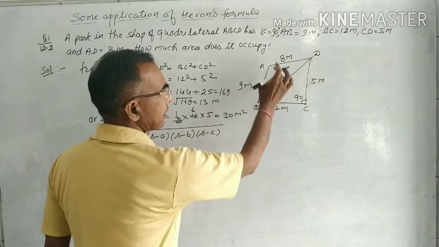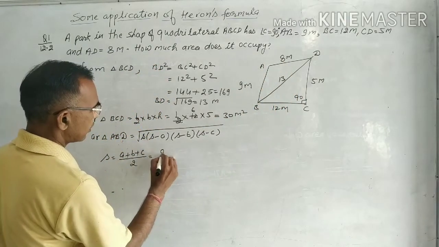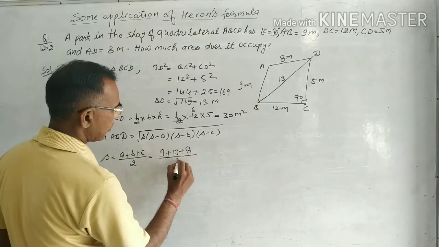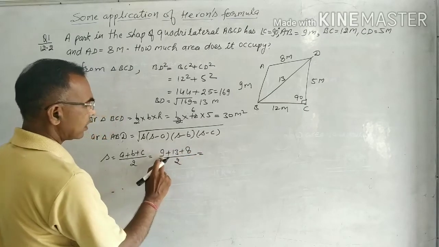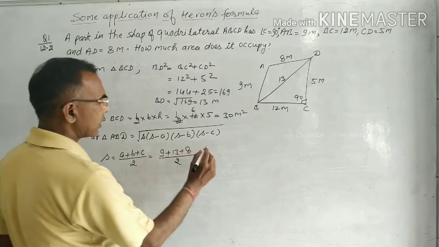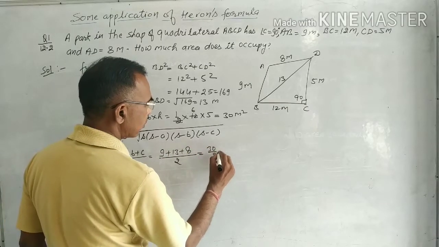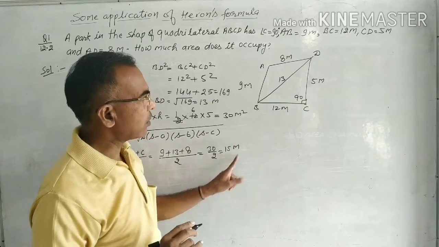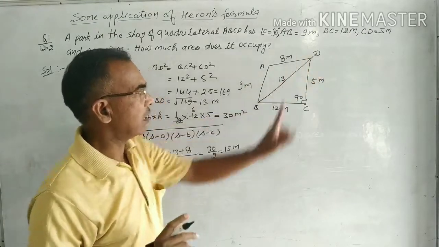Sides 9, 13, 8. 9 plus 13 plus 8, divided by 2. 9 plus 13 is 22, plus 8 is 30, by 2, so 15 meter. This is the semi-perimeter of triangle ABD.